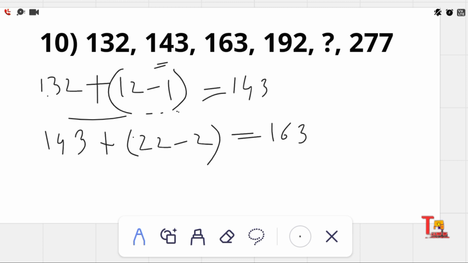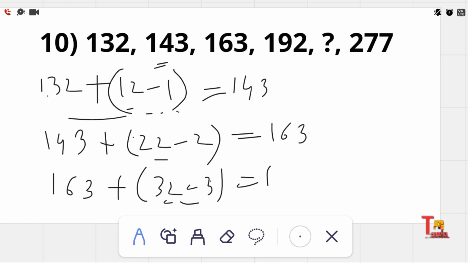And to maintain the sequence, what we have to do is just add the number with the logic, right? 32 minus 3, just look at this sequence, 1 2 3, 12 22 32, right? That is 29, so the number will be 192.